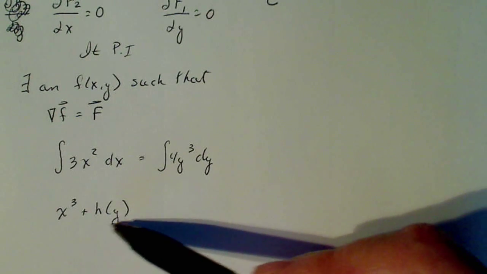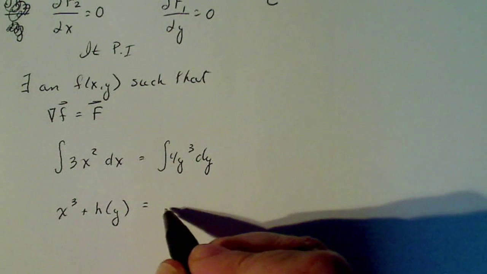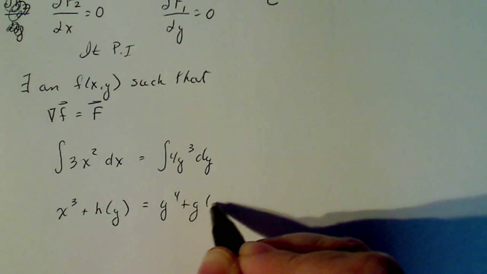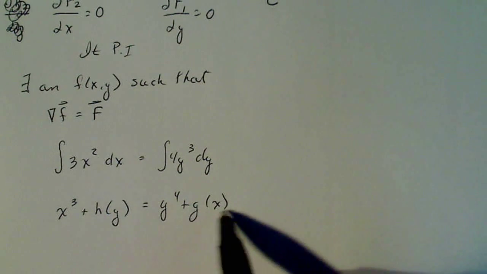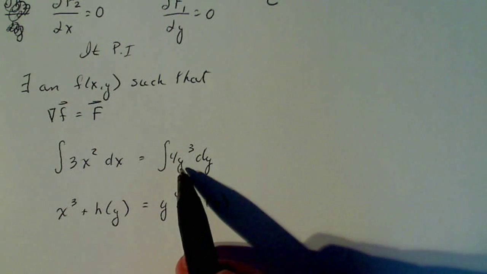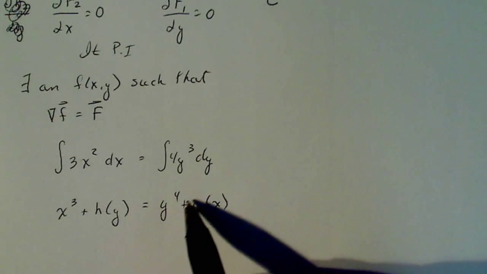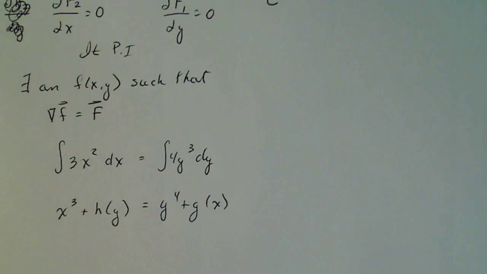We have to consider that this can be more than just a constant. Same thing over here. Integrate this, I get y to the 4th plus g of x. If I take the partial of this with respect to y, I get 4y cubed. The partial of that with respect to y is 0 because the only variable in there is x.